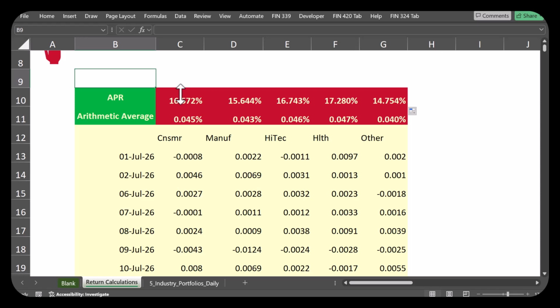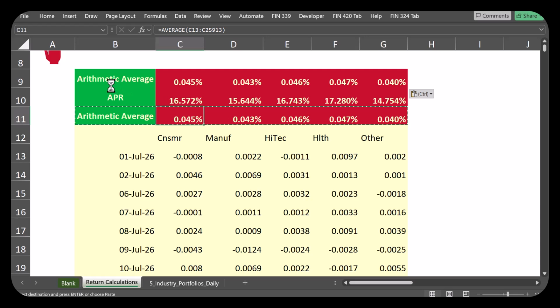Now, I also want to calculate something called geometric return. Now, here's the interpretation of arithmetic average. There are over 25,000 days here, okay?